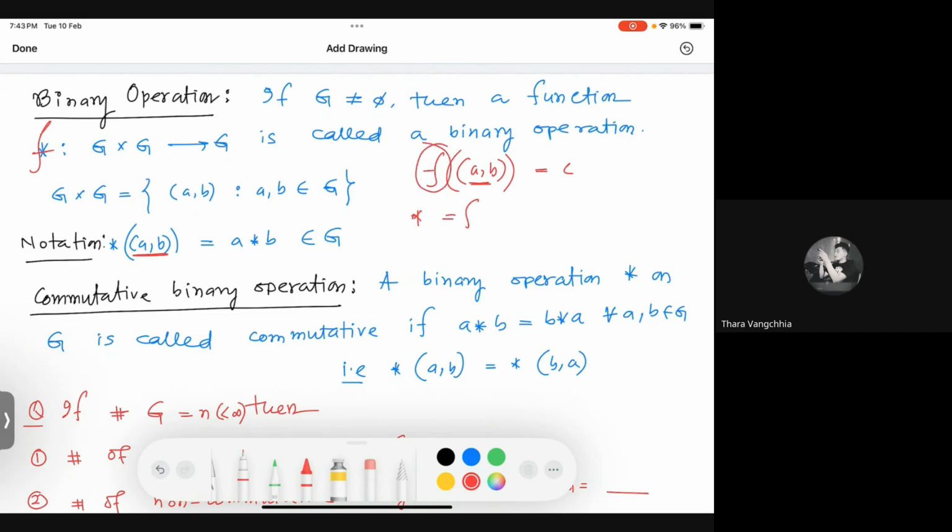Star is equal to f. And star of (a, b) means a star b. I will not write star of (a, b). I will write a star b. Actually, those are the same. It means the image of (a, b) under the mapping star.